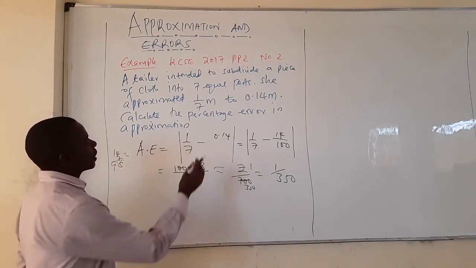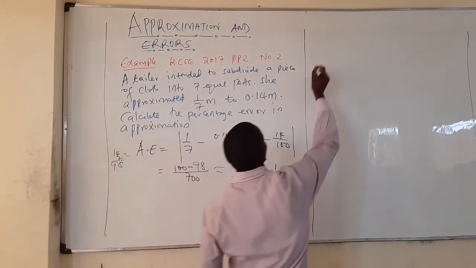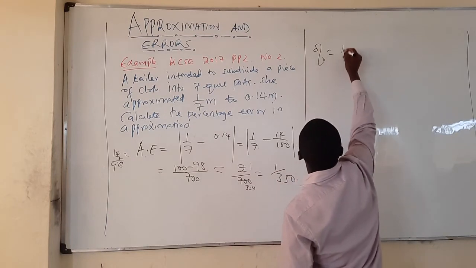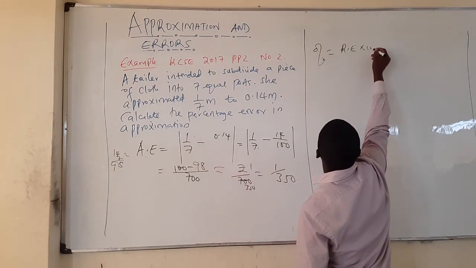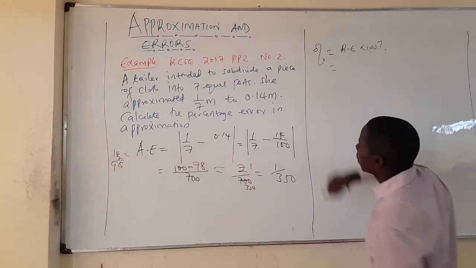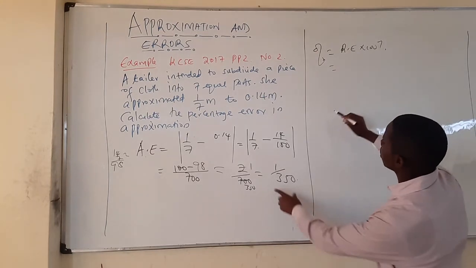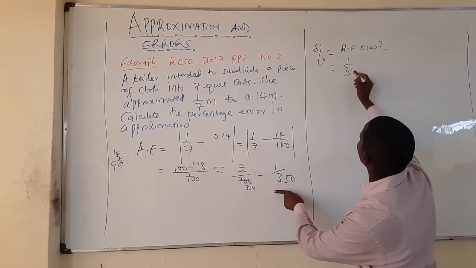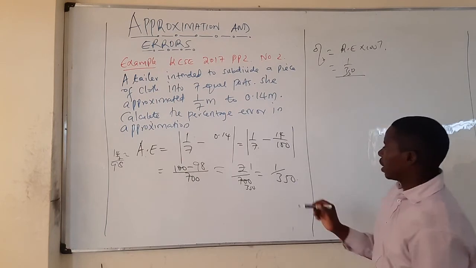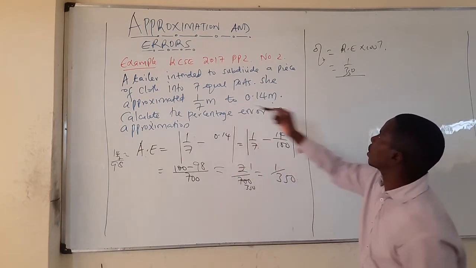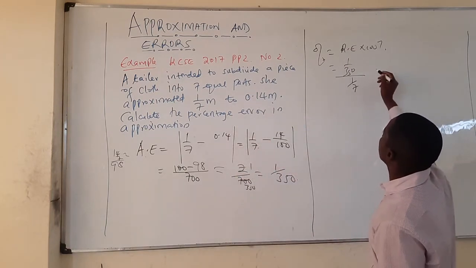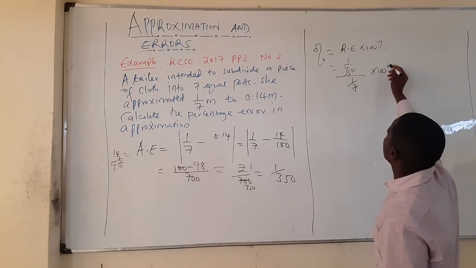So we want to get the percentage error, and the percentage error is given by the relative error times 100. So the relative error here would be the absolute value 1/350 divided by the actual value, which is 1/7, and then times 100%.